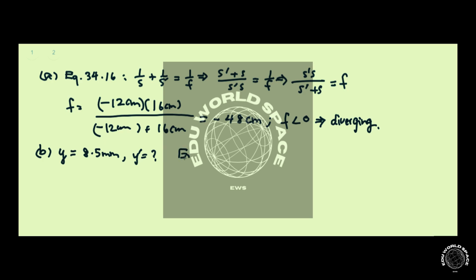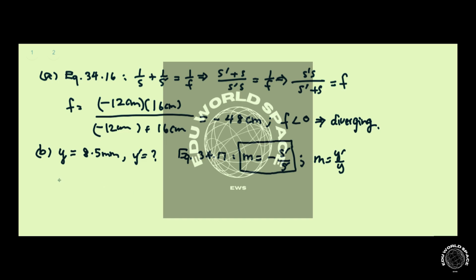So let's use equation 34.17, which tells us that the magnification is negative the image distance over the object distance. We'll also make use of M is equal to Y prime over Y. But for now, let's focus on this part of the equation.